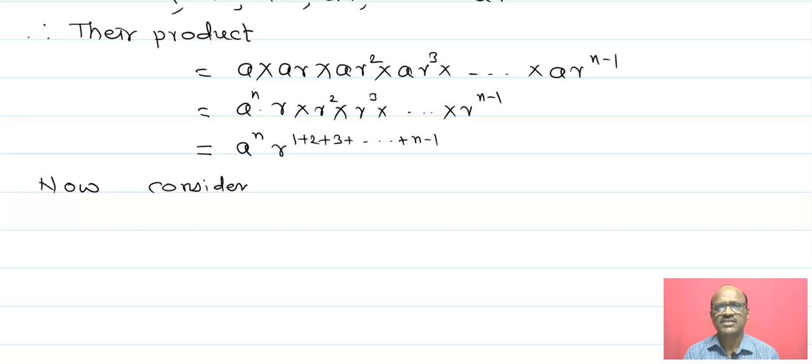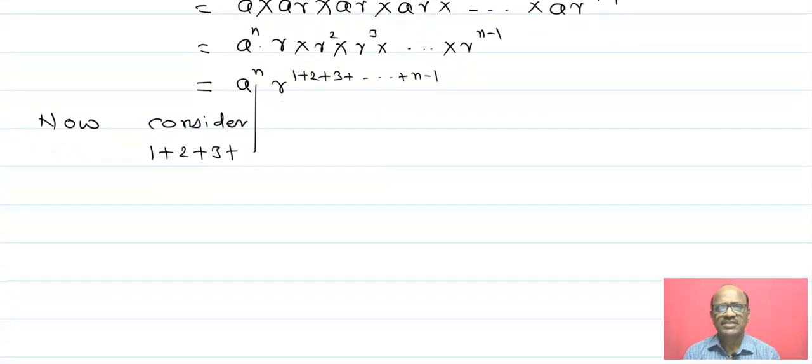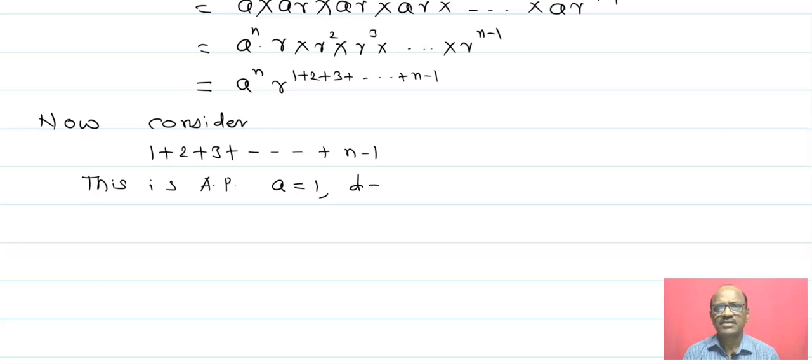Now consider 1 plus 2 plus 3 up to n minus 1. This is in arithmetic progression. Here a is equal to 1 and d is equal to 1.